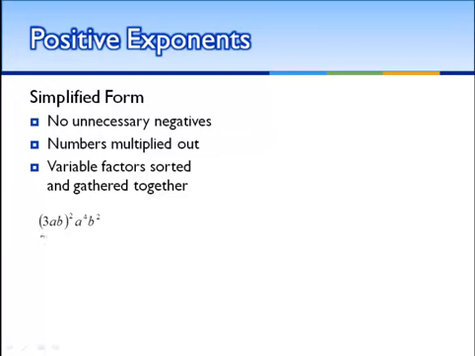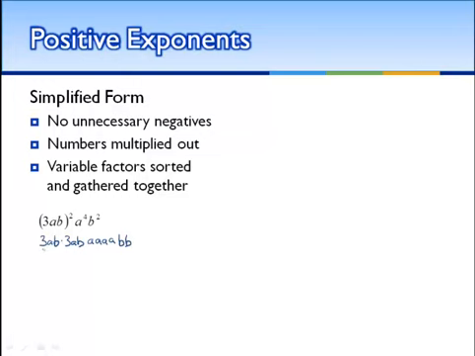That means 3 times a times b, and then again 3 times a times b, because that 2 applies to this entire group. A to the fourth power means a times a times a times a, and b to the second power, that 2 only applies to this b, so I'll write that twice, b times b.